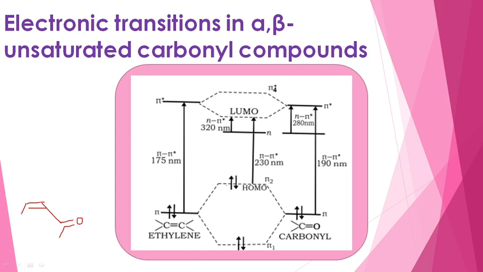Now, whenever you are passing a certain amount of radiation onto the molecule, the electrons present in HOMO can be excited to LUMO. Okay, see here, before excitation, this will be the n to pi star transition. The energy gap is less. After the conjugation, you are having the n to pi star transition, energy gap is increasing.